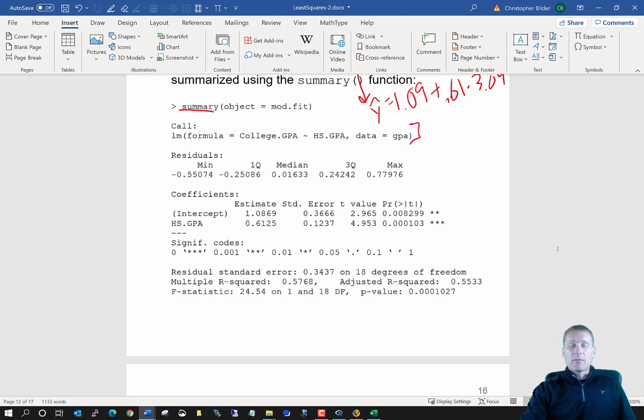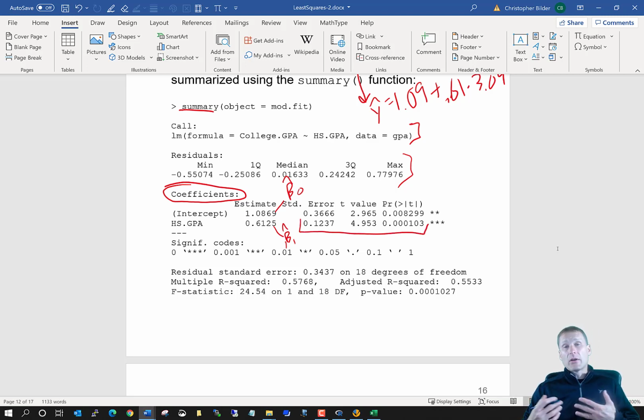I get information about the actual call to the lm function, which could be useful for reproducibility of results. I get a summary of my residuals. And then I have a table called coefficients. Here's our beta hat 0, and here's our beta hat 1, located in the Estimate column. We have some other stuff in this table that we will talk about as we go along through the rest of this section.